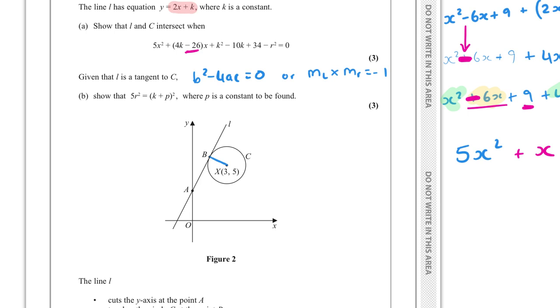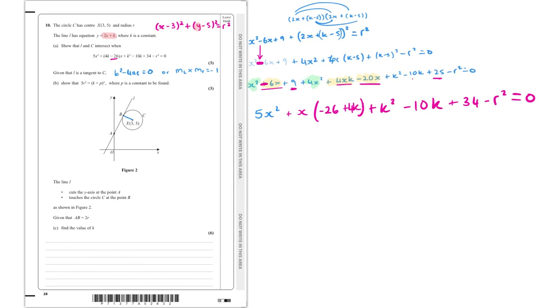So show that 5r squared equals k plus p squared. Okay, so how are we going to show that? I'm going to go with one of the formulas I've got.